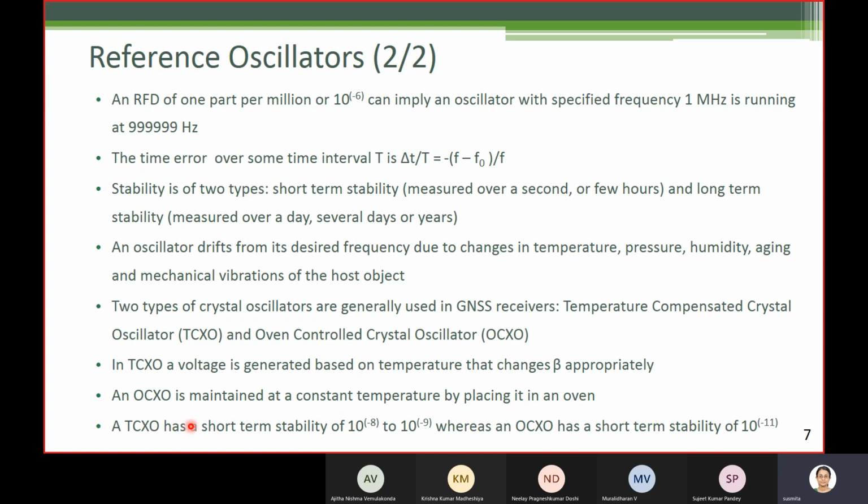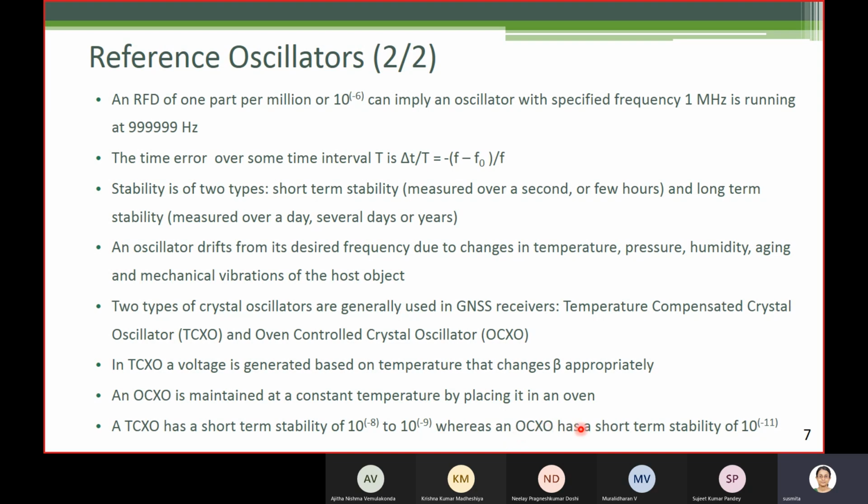Now here you can see the order of short-term stability for a TCXO. It is of the order of 10 to the power -8 to -9. That means short-term stability, generally over a second or a few seconds. So generally they say over a second. So over a second, the frequency error will be 1 part in 10 to the power 8, or 10 to the power minus 9, the same way.